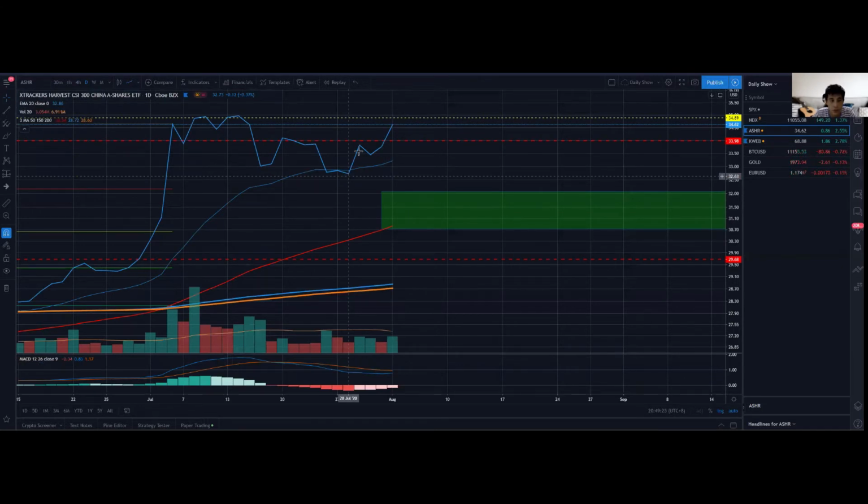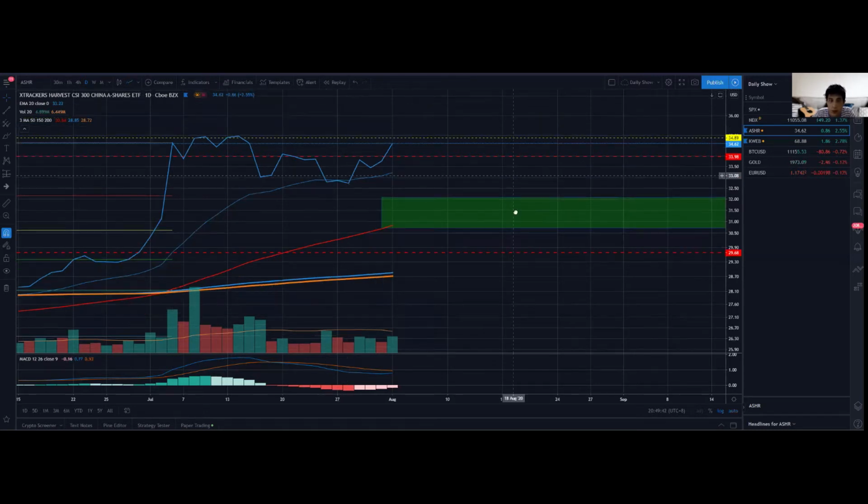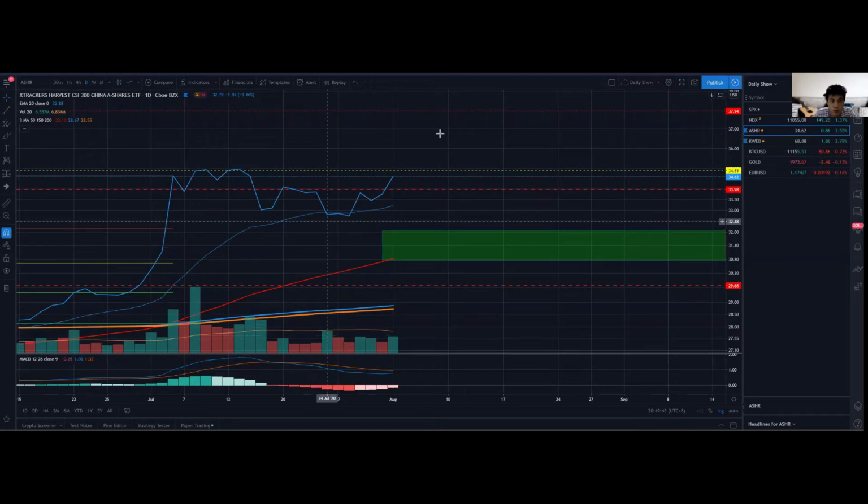You can see that this is a high, this is a higher high, this is a low, this is a higher low. So what you do see over here is a transition from a bearish market structure to a bullish market structure. For today itself, I can also see that it has bounced on the 20 exponential moving average. So it's definitely looking like it could go towards further upside. So I'm definitely looking to add some position over here tonight for ASHR.